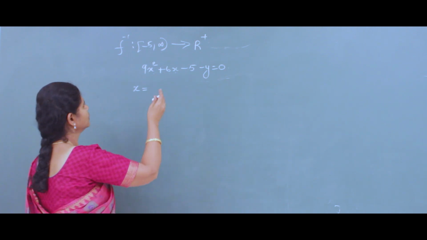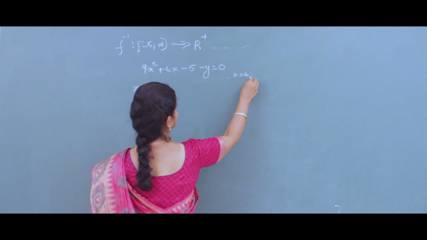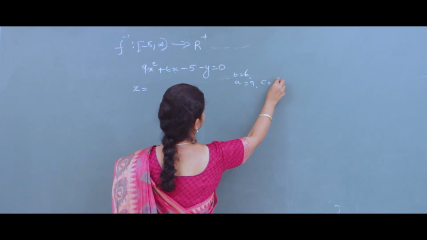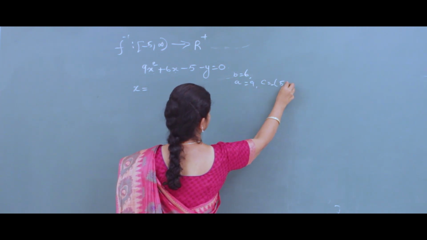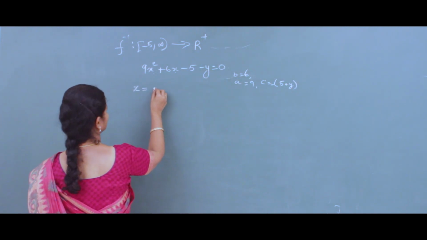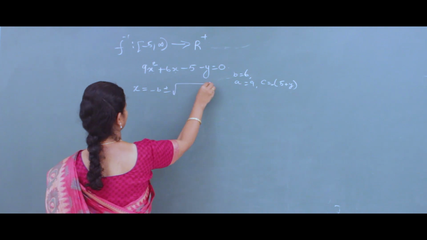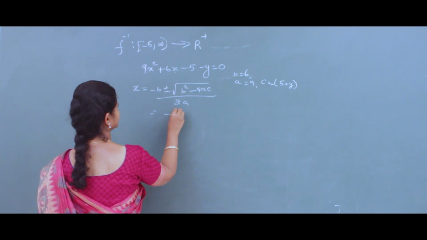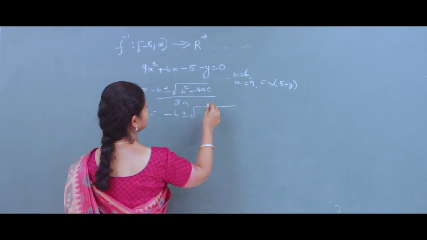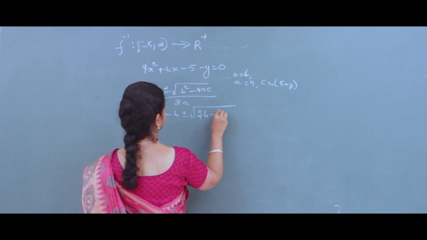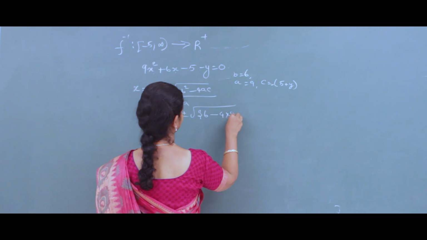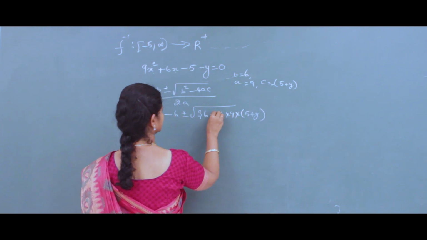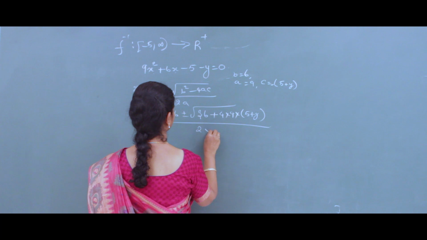So here b equals 6, a equals 9, c equals minus 5 minus y. Substituting: minus 6 plus or minus square root of 36 minus 4 into 9 into (minus 5 minus y), where minus of minus gives plus, divided by 2 into 9.